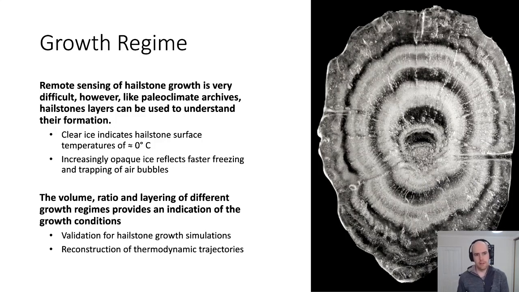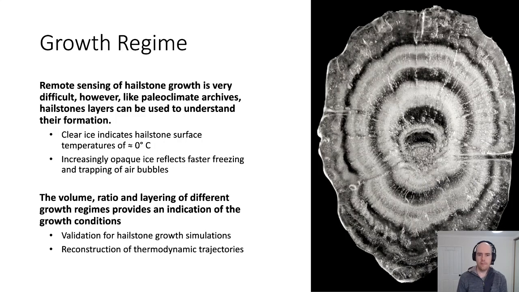Moving on to growth regime now. We know that remote sensing of growth is very difficult. However, if you consider hailstones like paleoclimate archives, the layers can actually be used to understand their formation. Some examples of this are that clear ice indicates a hailstone surface temperature of approximately 0 degrees Celsius, and increasingly opaque ice reflects the fact that the freezing was faster for collected water, and in this process it has trapped air bubbles.